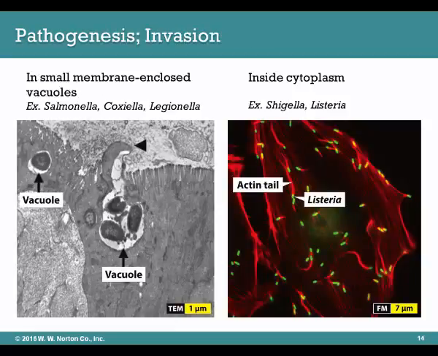So here are a couple of electron micrographs just showing examples of invasion. On the left, there's bacteria in the middle vacuole. There are bacteria that are being taken up by gut epithelial cells.